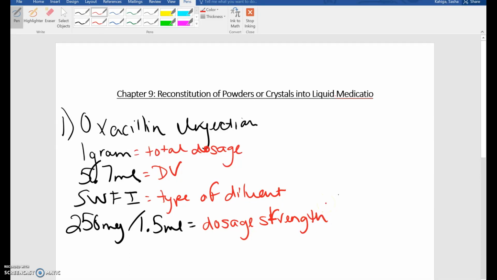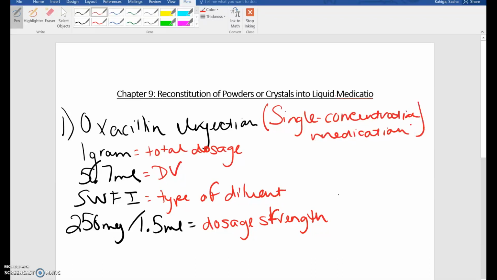All right. And just by looking at the information that's given, I'm going to tell you guys now this is a single concentration medication. The reason why I know that is because there is only 1 dosage strength and 1 diluent volume.